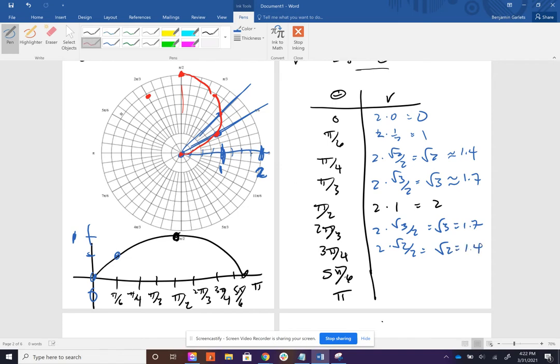So we put that, and that's halfway between here. So that's right about here. So we're starting to see this curve. Sine of 5 pi over 6 is 1/2. So 2 times 1/2, which is 1. And so 5 pi over 6.